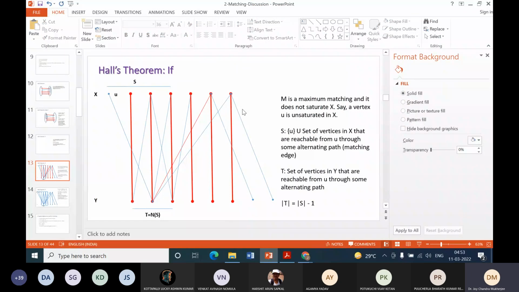In partite X, this vertex U is unsaturated. All other vertices are saturated.